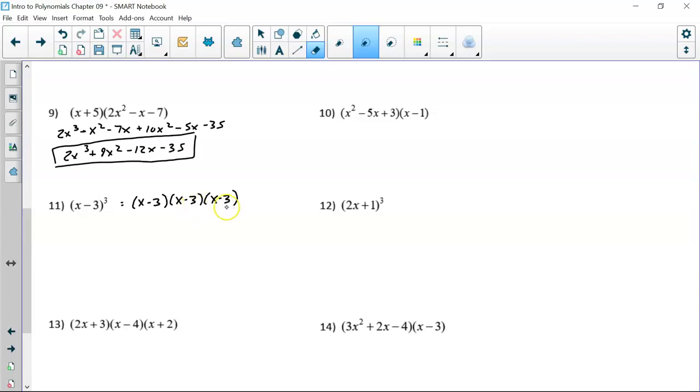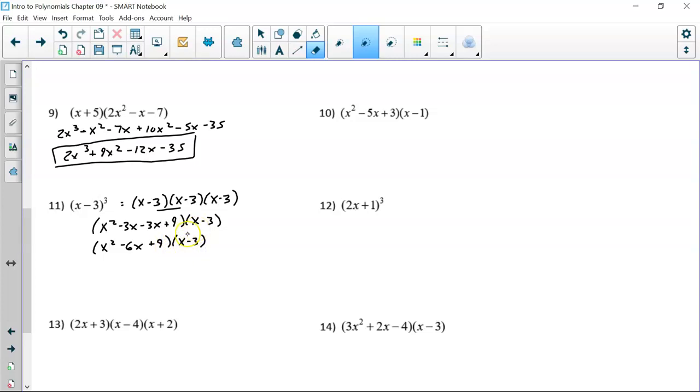So I'm going to multiply the first two x minus 3. So it's going to be, for these two, x squared minus 3x minus 3x plus 9 times x minus 3. Always combine first. x squared minus 6x plus 9 times x minus 3.